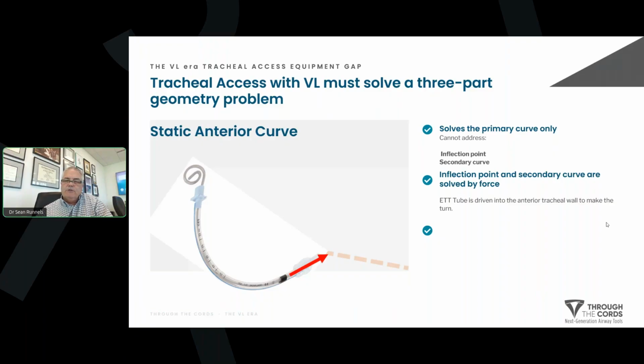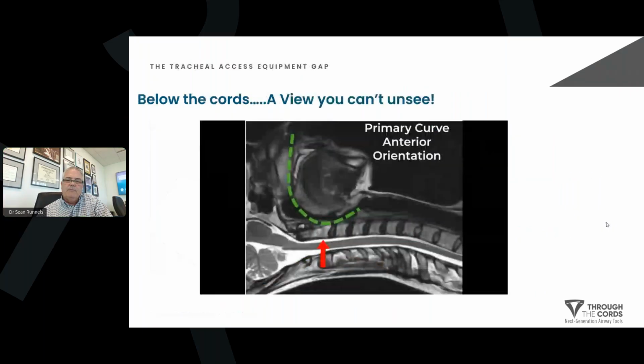Okay, the endotracheal tube is driven into the anterior trachea, and that impact creates the force necessary to bend that tip of the tracheal access equipment, in this case, the endotracheal tube, back down into that serpentine shape. Okay, successful tracheal access with static equipment requires collision with the anterior structures of the trachea, period.